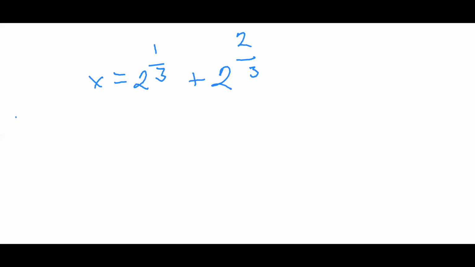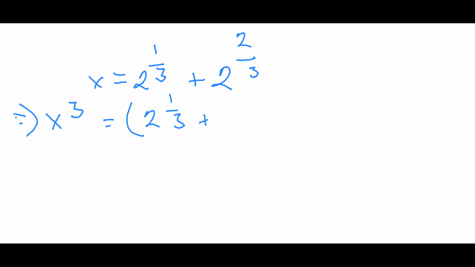So when we apply cube on both sides, what we will get, that is x cube is equal to 2 to the power 1 by 3 plus 2 to the power 2 by 3 whole cube. Let me just both side a cube apply করলাম। Shajib Sheikh, you raised your hand. Do you have any question?